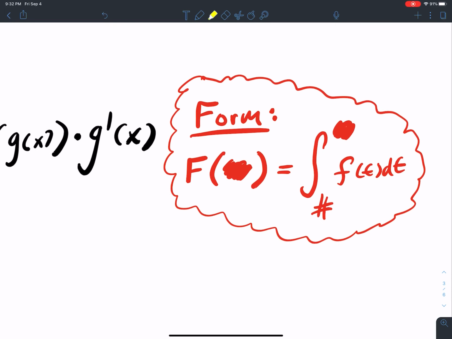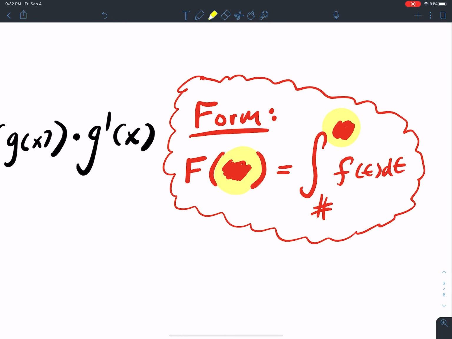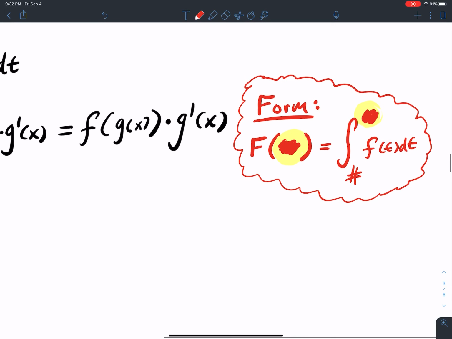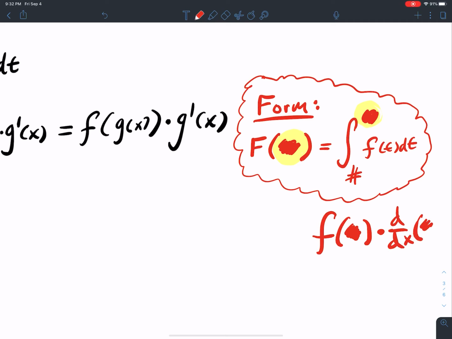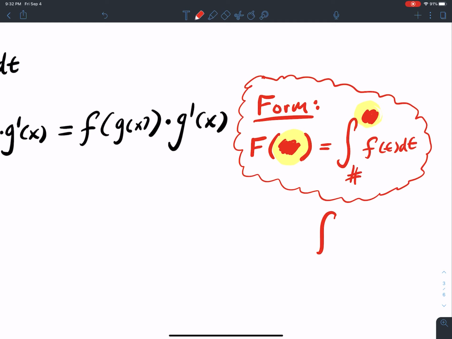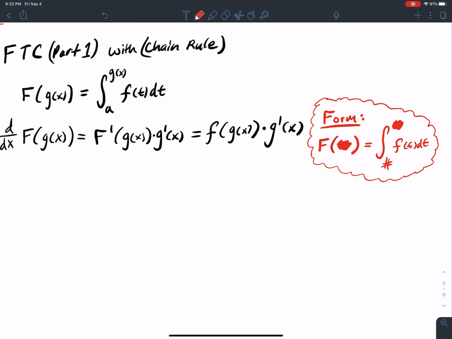And so if that something is not x, then when I take the derivative, I have to add in that f of something here times the derivative of that something, whatever that something is, okay? If it's just x, then the derivative of x with respect to x is just 1. So technically everything's a chain rule, right? But if it's just x, that chain rule part goes away.